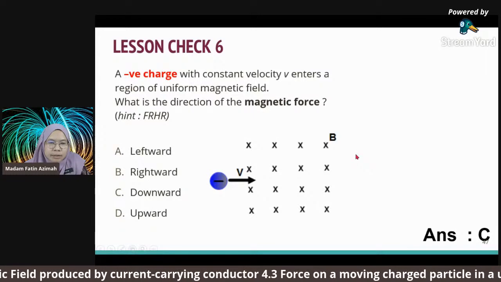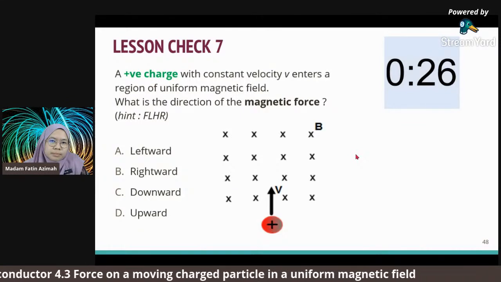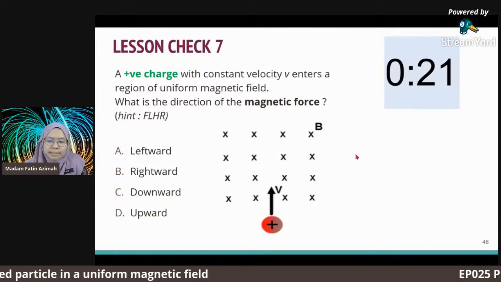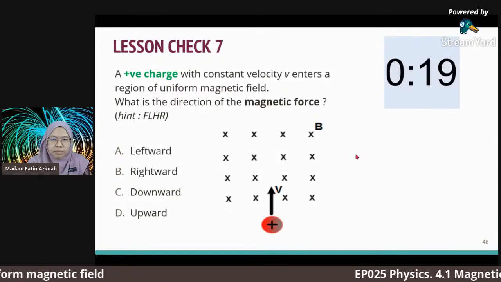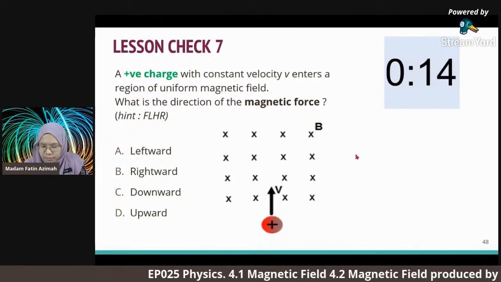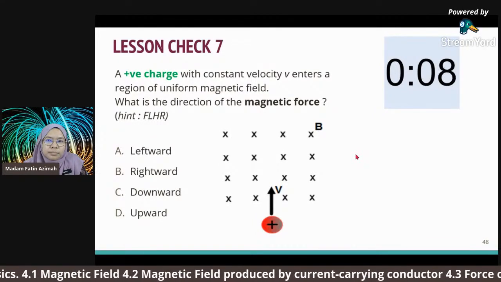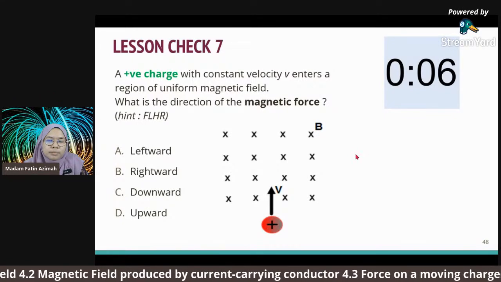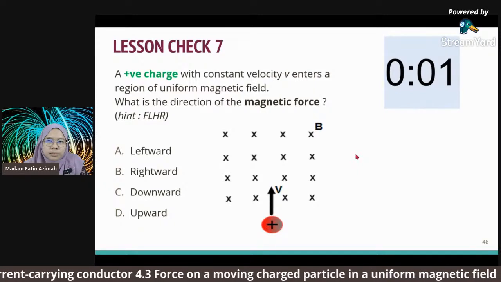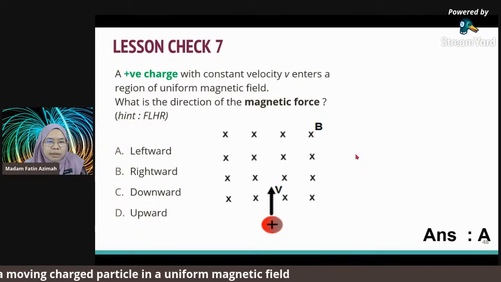Lesson check 7. Time's up. The answer is A, leftward.